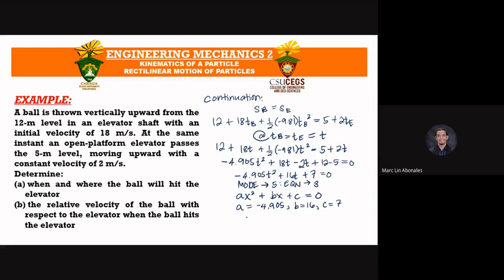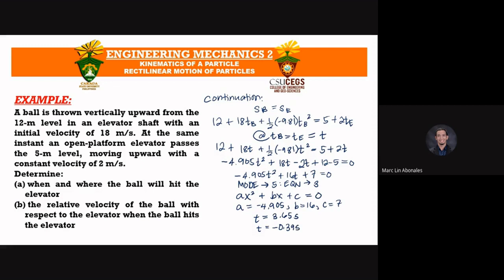So when you input the values sa imong calculator, the roots sa imong quadratic equation are 3.65 seconds and negative 0.39 seconds.